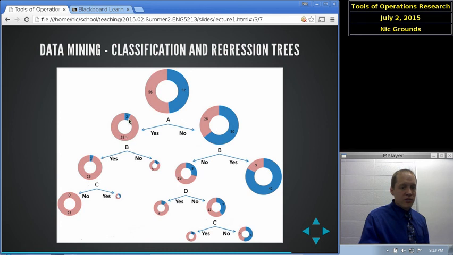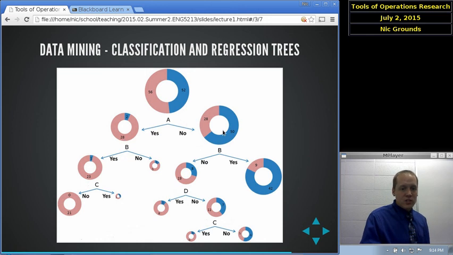And what you see is all the records that were a yes for A generally are mostly pink, right? They're not all the pink records, because 28 records are over here that are pink, but most of all the blue ones were sort of weeded out into the right, and only a few of them went over here to the left. So that's pretty homogeneous. In fact, you may want to stop there and not divide further, because at this point all these records are almost always pink, according to the pattern here.